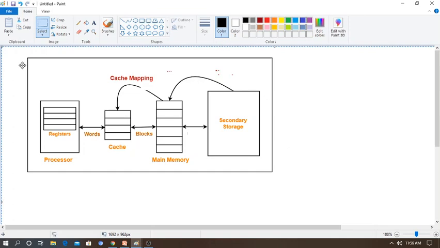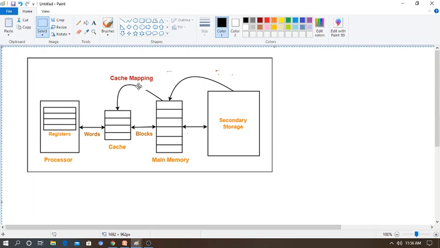What is the use of this cache mapping? When the computer is switched on and you search for data, the processor looks for the word. Suppose I am searching for information. If the information is available in the cache, it will be brought to the register and we can get the information. So it avoids wasting time. If the information is available in the cache, it goes back to the processor and we can view it.